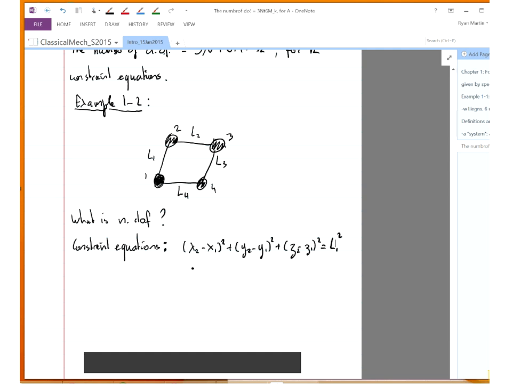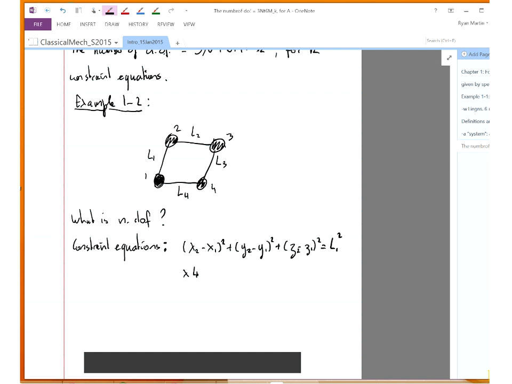Alright, so it's pretty easy to see that you get 4 constraint equations, right? 1 for each rod. It's actually a little bit unclear. You have to assume here that the angle between the rods is allowed to change, essentially. There might be fewer degrees of freedom depending on whether the rods are allowed to flex or not. So you have to be a little bit careful with this one.